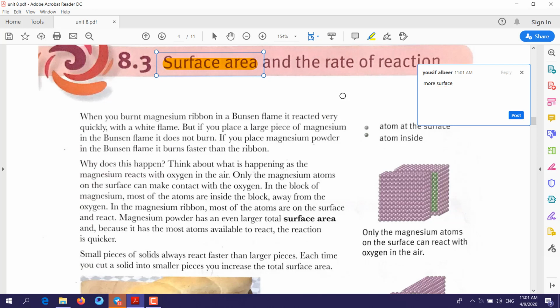More surface area leads to a faster reaction, or you can say a higher rate of reaction.